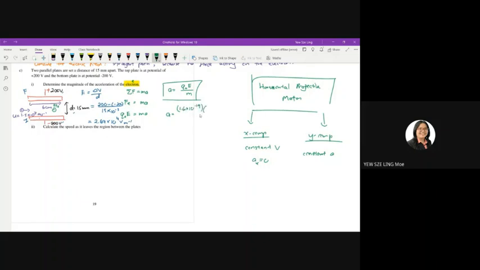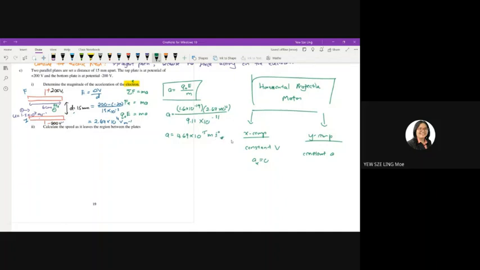The electric field I have right now is 2.67 times 10 to the power of 4, divided by the mass of the electron, which you can get from the list of constants again, 9.11 times 10 to the power of negative 31. So a equals 4.69 times 10 to the power of 15 m s negative 2.